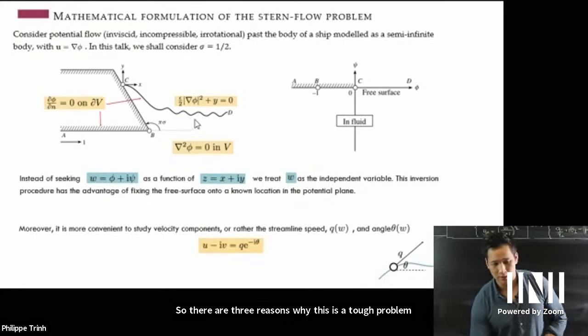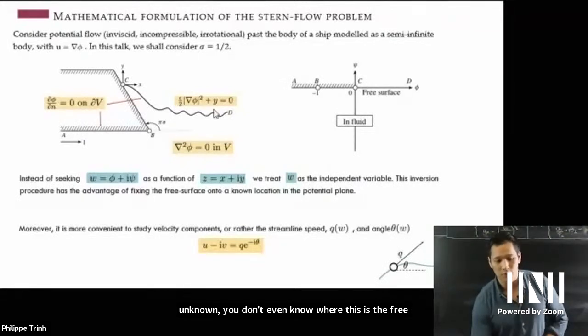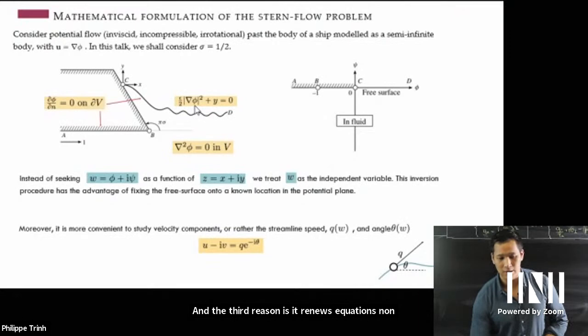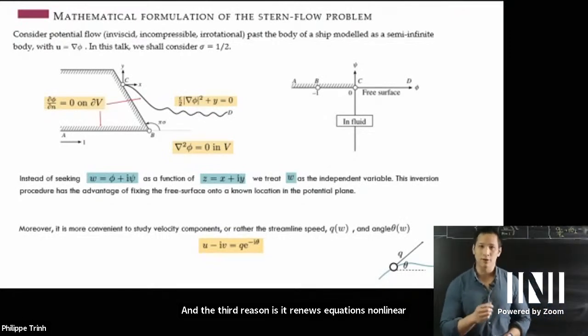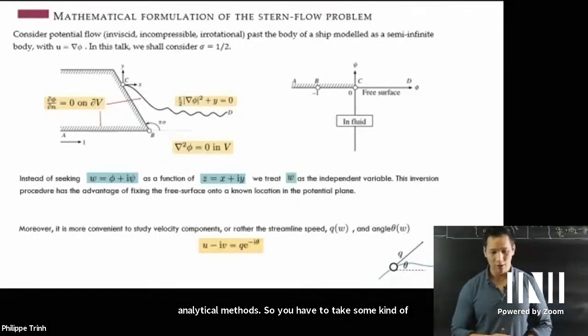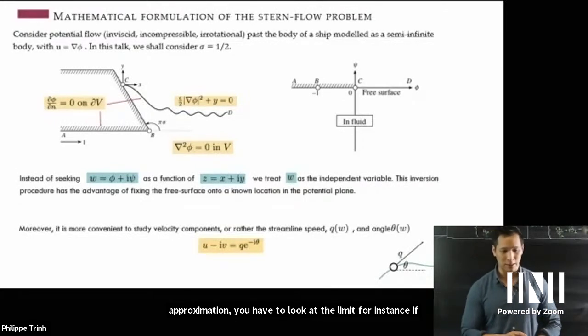The first reason is that the geometry is quite complicated. The second reason is that the free surface is unknown. You don't even know where the free surface is, so it must be solved as part of the problem. And the third reason is that Bernoulli's equation is nonlinear, and that causes a lot of difficulties in developing analytical methods. So you have to take some kind of approximation. You have to look at the limit, for instance, of epsilon tending to 0.